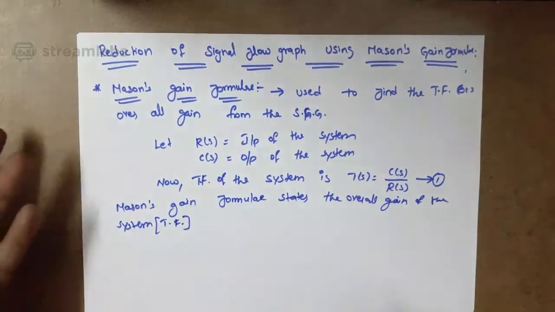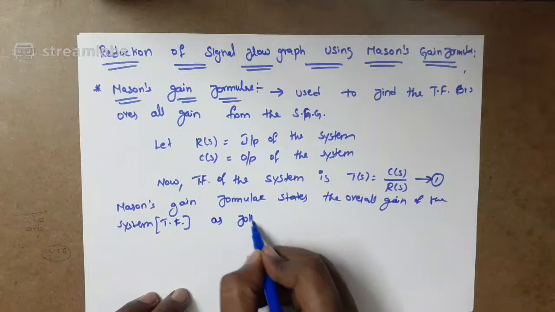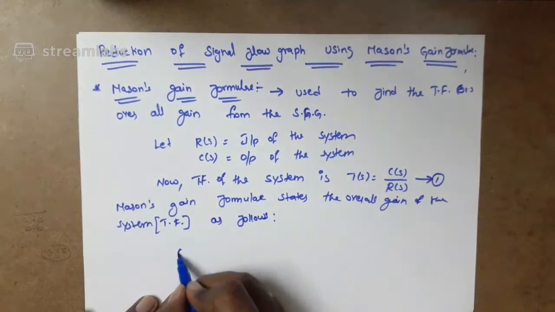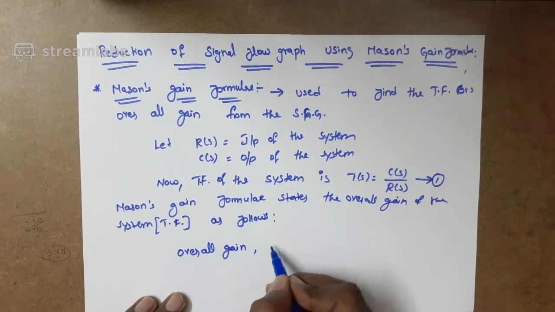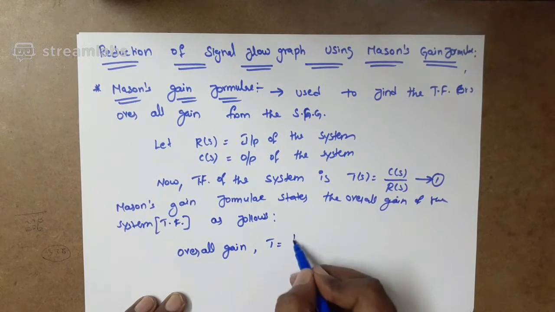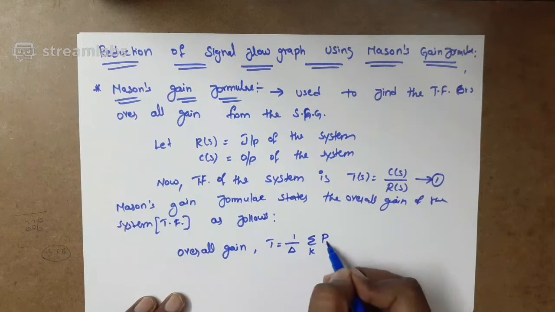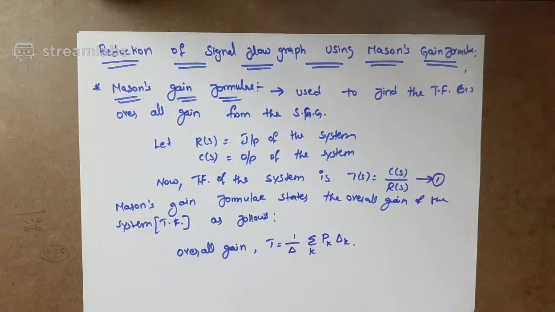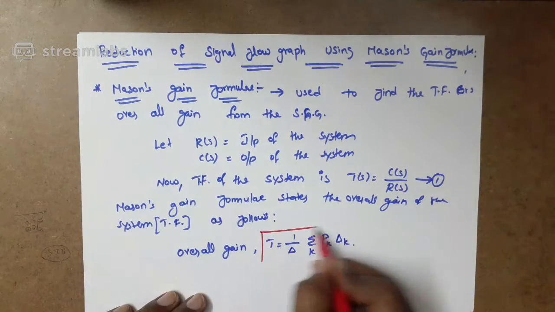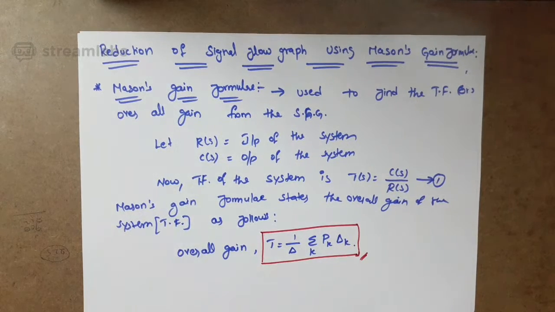We call it the transfer function in the block diagrams. Okay, now overall gain T is equal to 1 by delta summation of K into Pk delta K. Very important formula. Maybe it is going to be asked in 2 marks also. Very important thing.